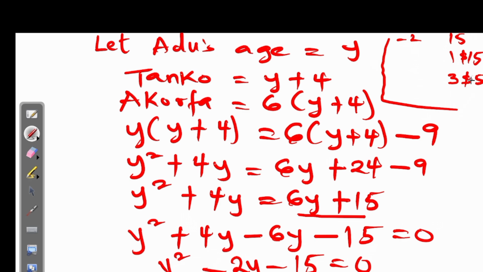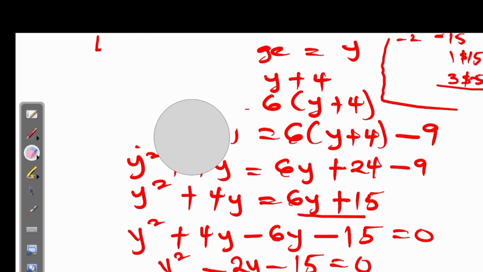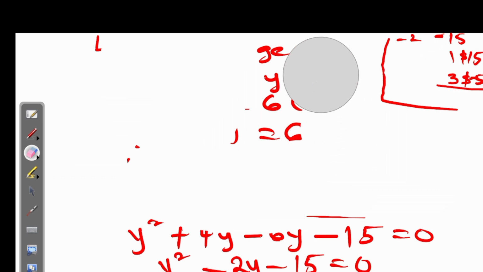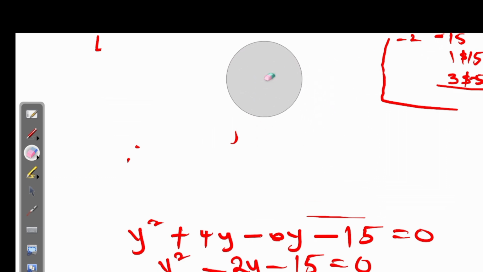So if I have minus here, now let me try it. What is 3 times minus 5? We have minus 15. Therefore, the factors are 3 and minus 5. So I'm going to factorize the equation using those factors.